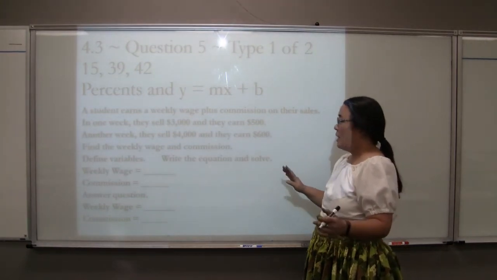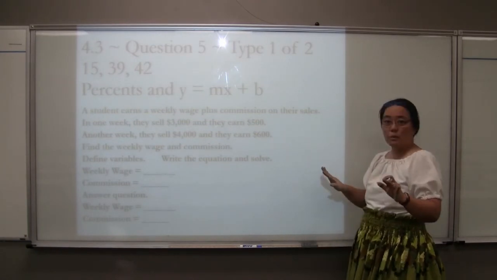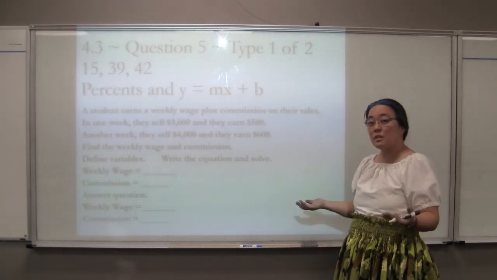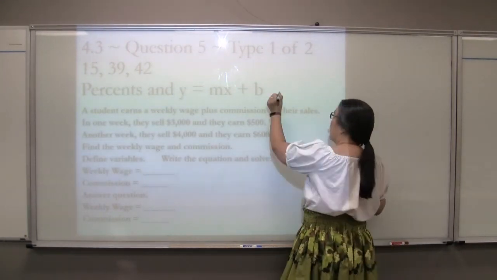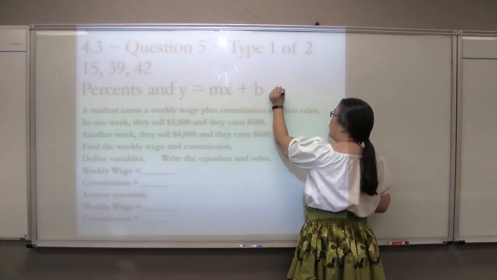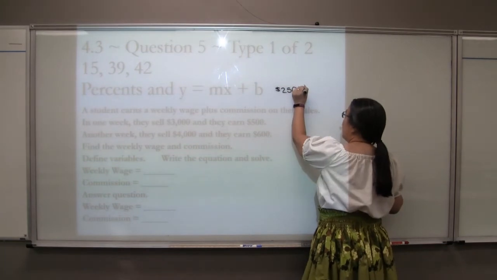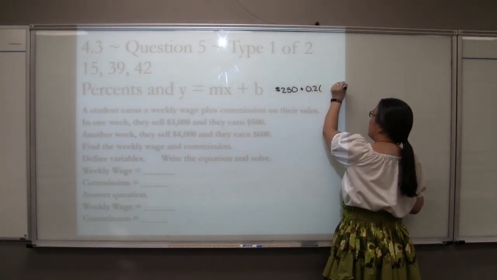So over here, let's take an example of a weekly wage and commission to go over how commission actually works, because a lot of students haven't heard about working on commission. Let's say that the company offered you $250 a week to work for them, and then they offered you a 20% commission on everything that you sell.